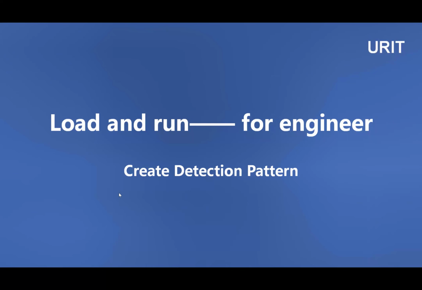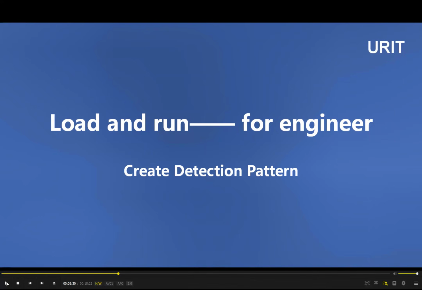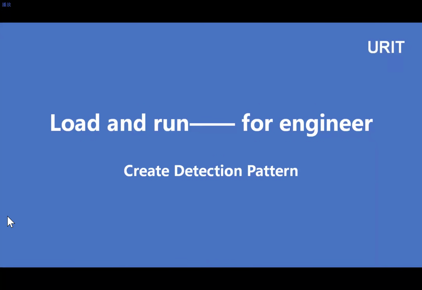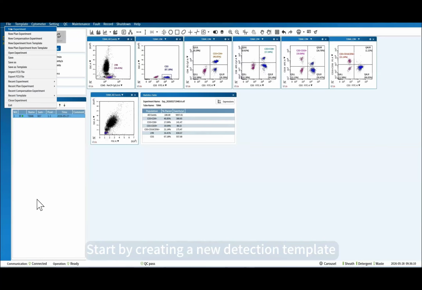For the previous one, the customer starts from opening the template. For the engineer, the following video will show you how we preload the template for our customer. Engineer, create detection pattern. Start by creating a new detection template.